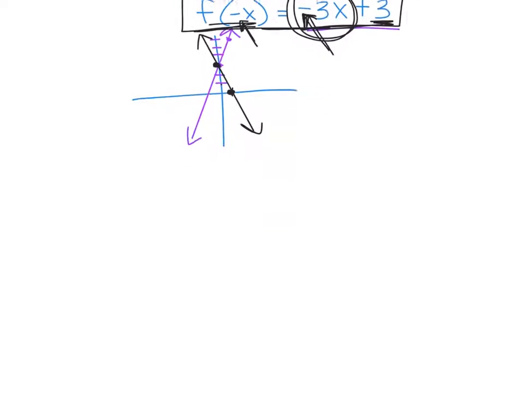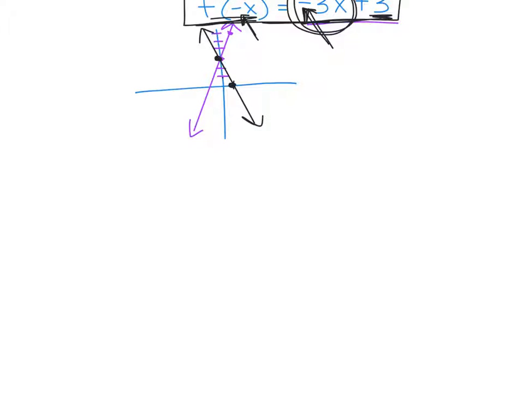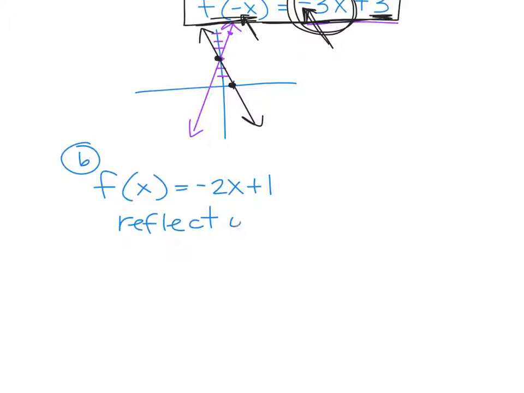Another one. So this is B, still example 2. F of x equals negative 2x plus 1. And we're going to reflect, that is an x, not a c. Try that again. Reflect over the x-axis. Okay, so notice this is different now.